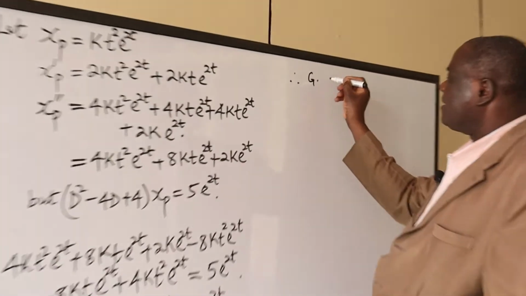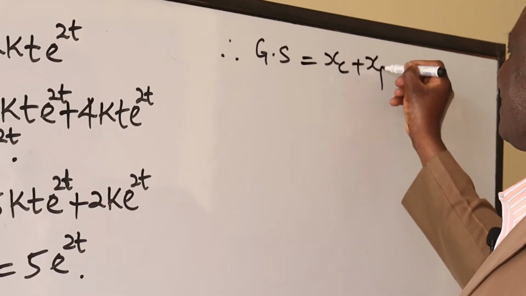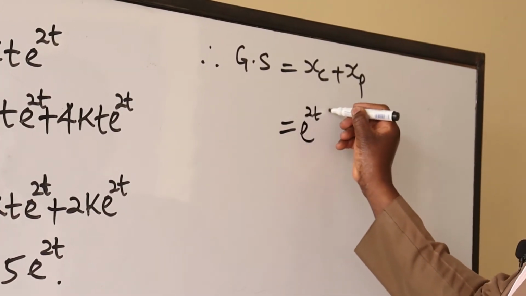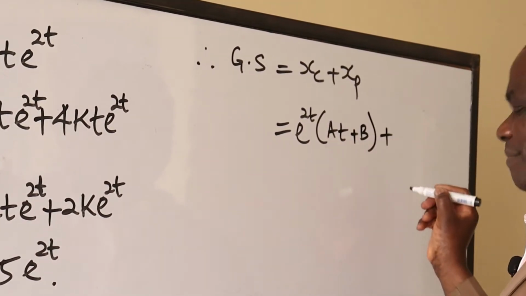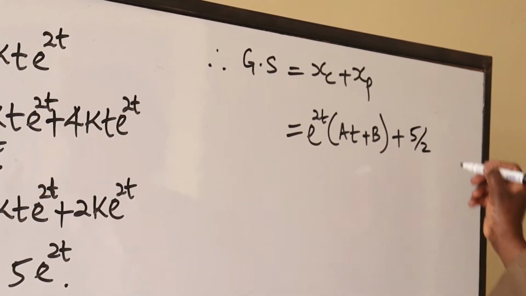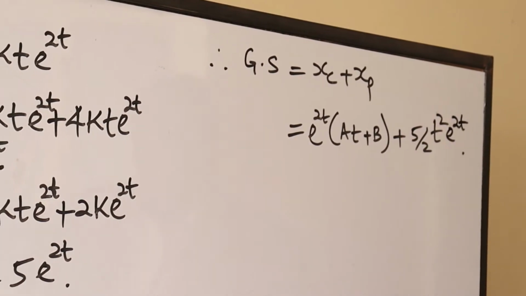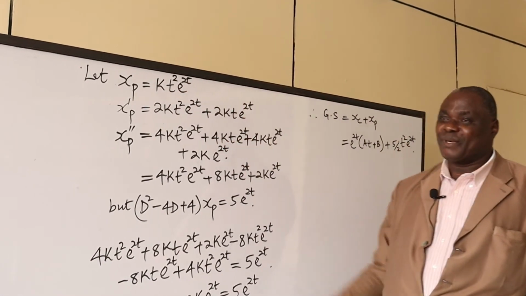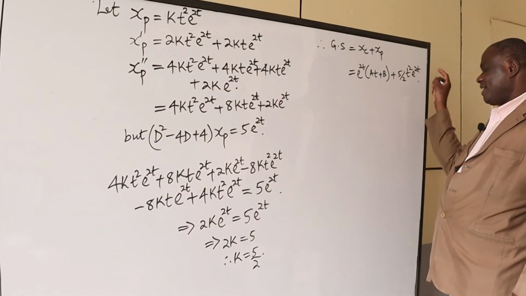Therefore, the general solution will be equal to xc plus xp, which will be A power 2t and At plus B, plus 5 all over 2 t squared e power 2t, since our xp was k t squared exponential 2t, and our k is 5 all over 2.